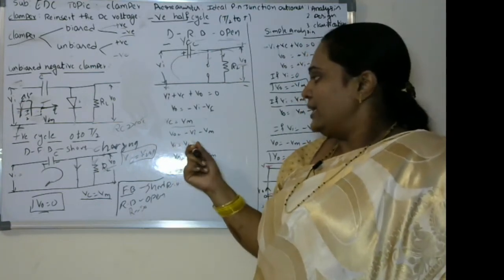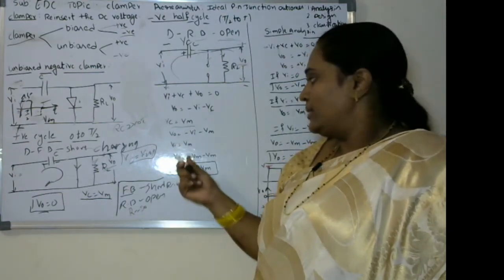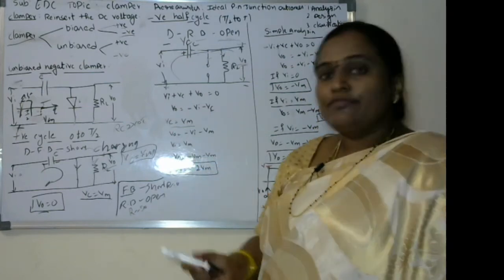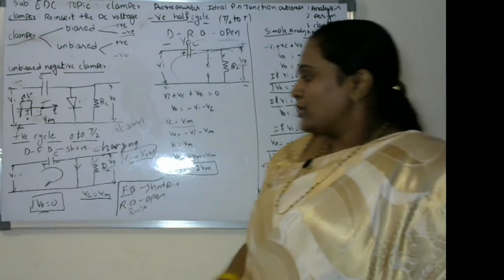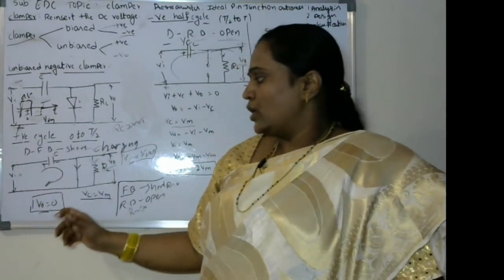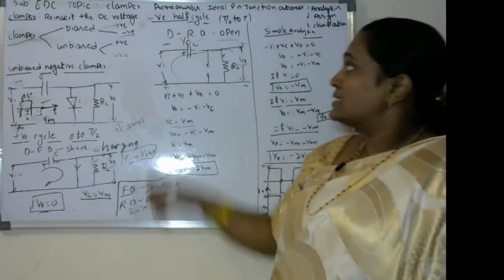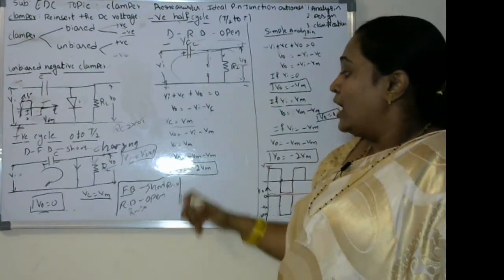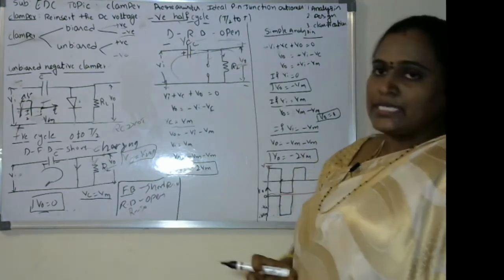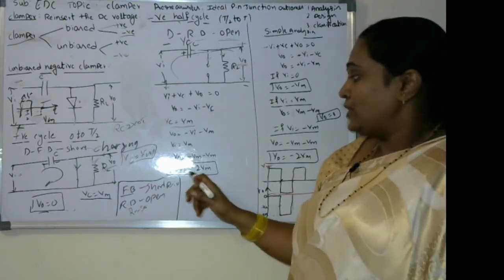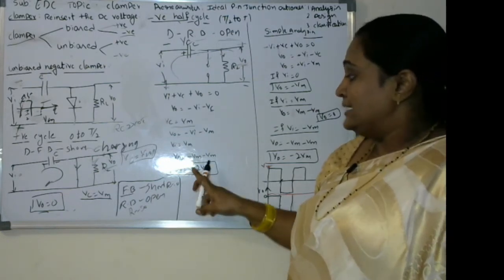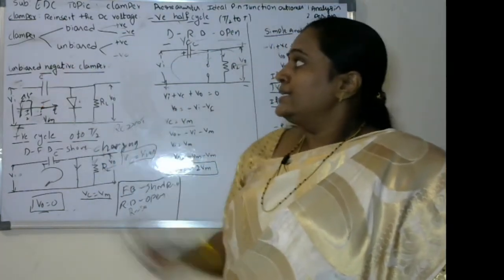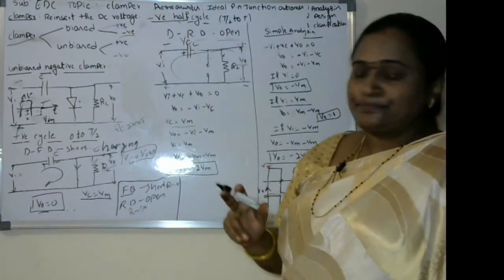So Vi equals Vm, and V0 equals minus Vm minus Vm, which is 2 times Vm. So in the positive half cycle the voltage goes to 0, and for the negative half cycle it goes to the maximum voltage of minus 2 Vm. That's why the output voltage is negative. It has been doubled with respect to the input voltage. That's why it is called a negative clamper.